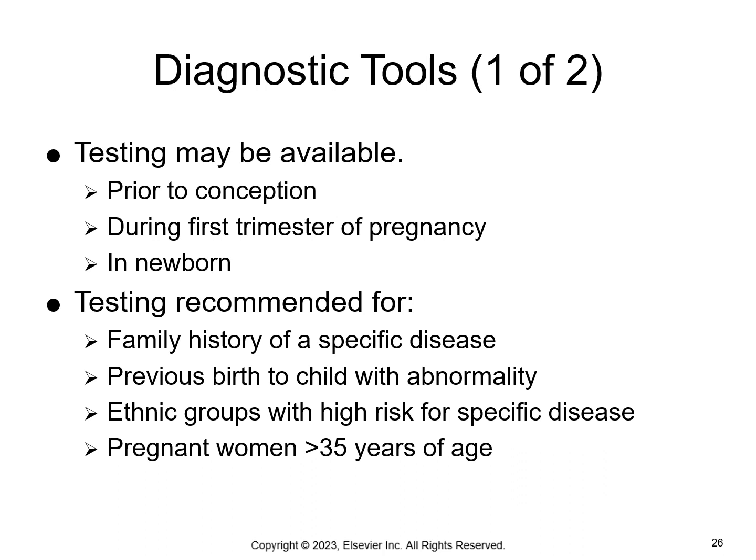So to diagnose these different problems, testing could be available prior to conception or during the first trimester of pregnancy or in the newborn. Testing is recommended for people that have a family history of a specific disease, or if they previously have given birth to a child with an abnormality, or in different ethnic groups with high risk for specific diseases, or in pregnant women over 35 years of age.